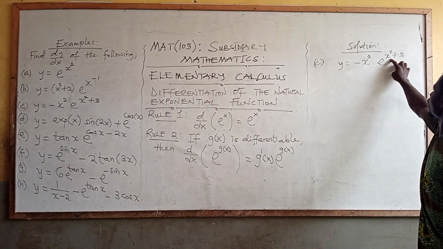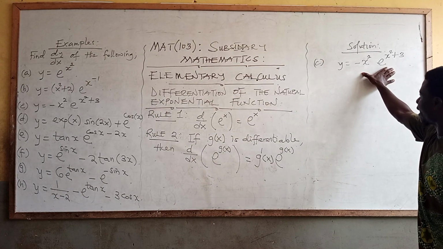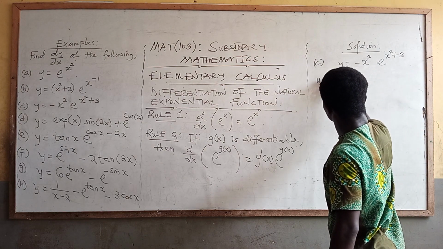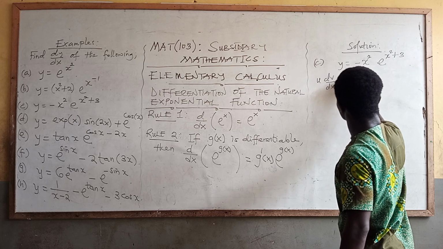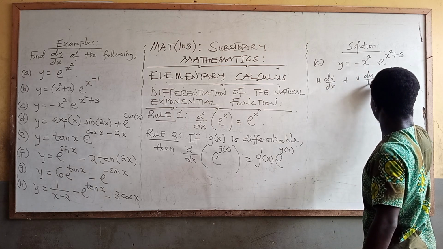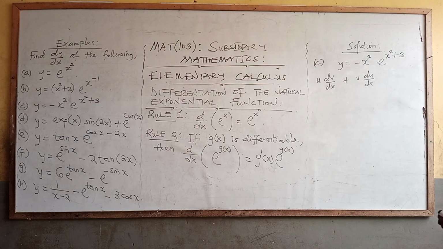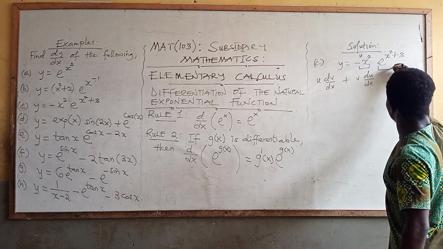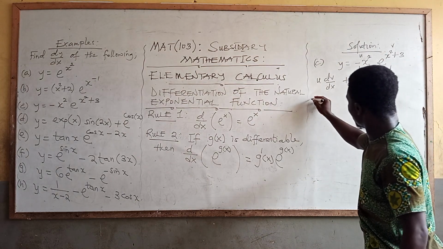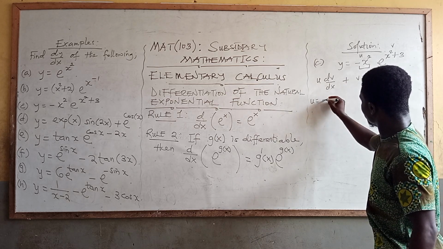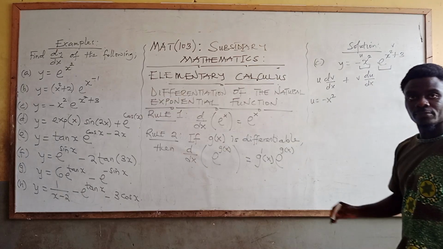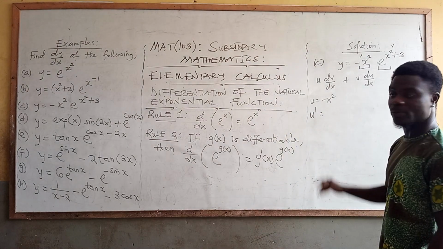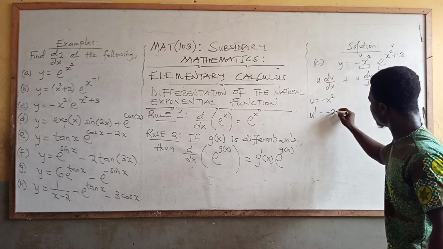We have x here, we also have x here, so we can still apply our product rule: u dv/dx plus v du/dx. So this is our u, then this is our v. Our u equals negative x squared, so our u prime must be equal to negative 2x.